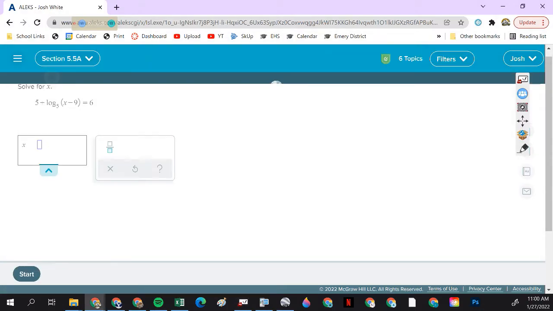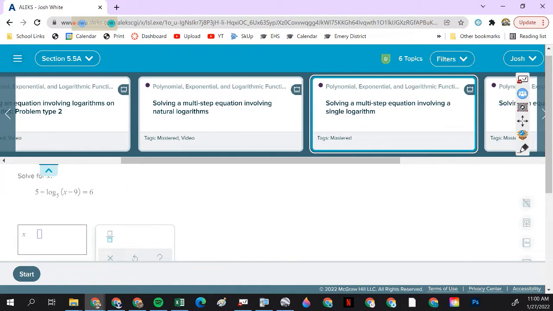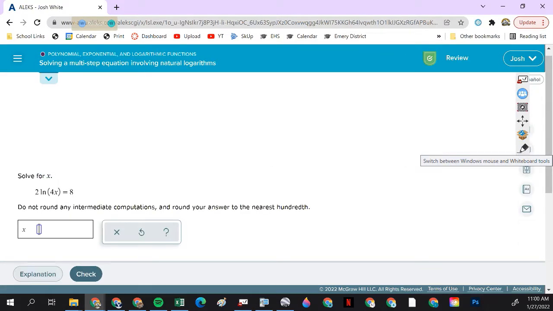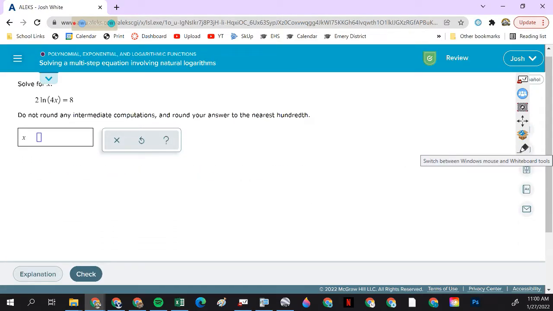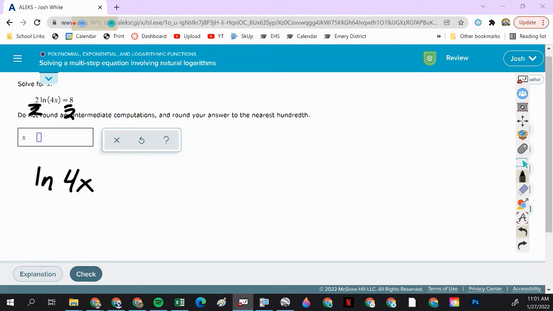Now it's going to get tricky. Tricky's good. Oh, same thing here. We got to get rid of everything except the log. So what should I do with that 2? Yep, got to get the 2 to the other side through division. And I have the ln of 4x is equal to 4. Now what? Not divide by 4.